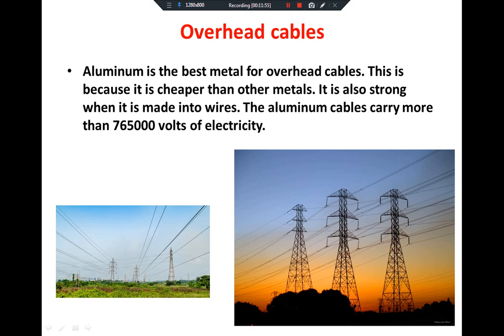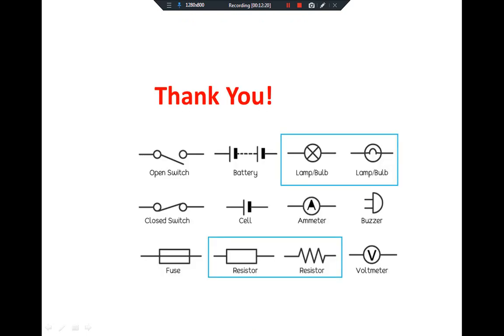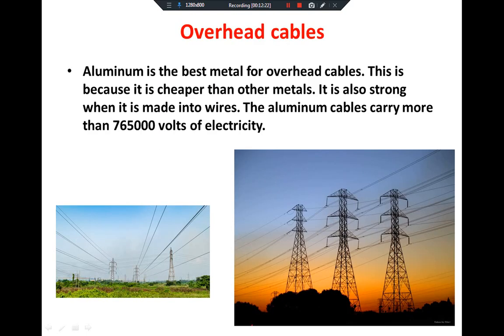So cables are made of aluminium. This is because it's cheaper than other metals, although it's not cheaper than copper, but it can be stretched very well. It's also strong when it's made into wires. The aluminium cables carry more than 765,000 volts of electricity. Therefore, we don't use copper, we use aluminium.